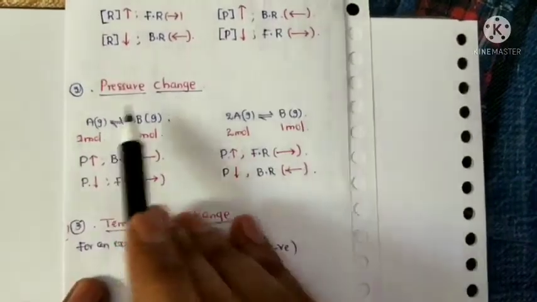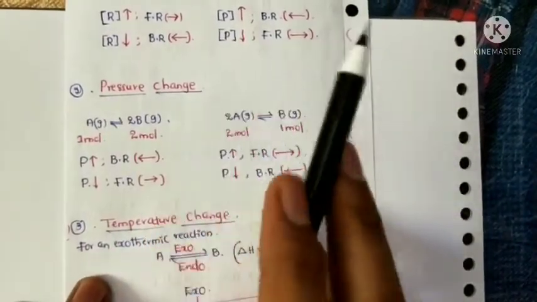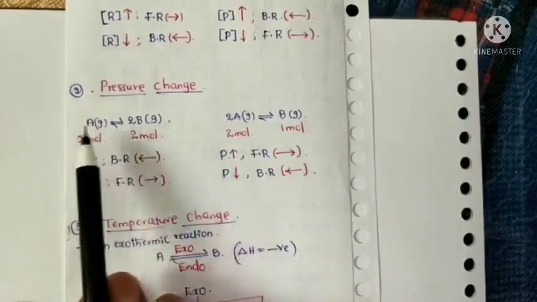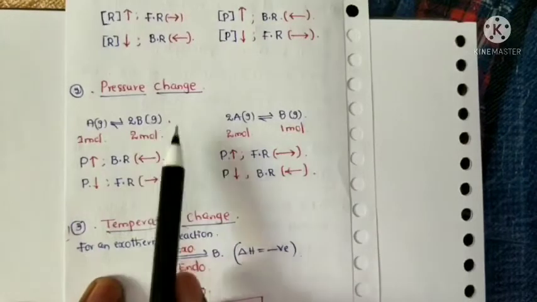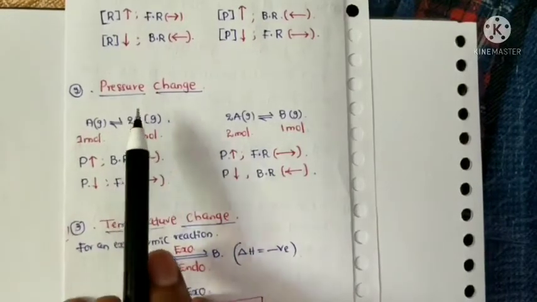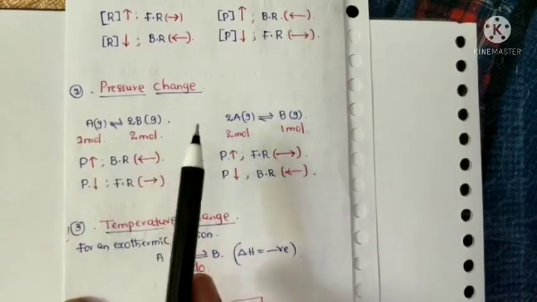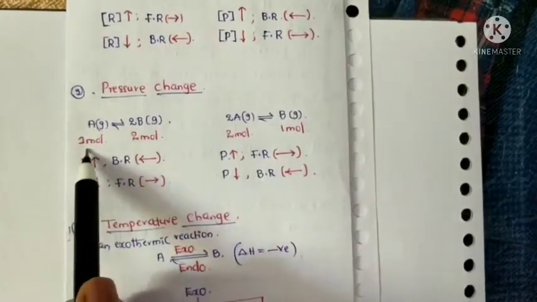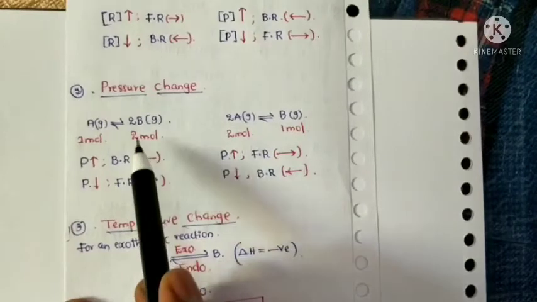Next, pressure changes. It is applicable only for gases, where the reactant moles and the product moles are different. In these situations, pressure can change the equilibrium position. Here the reactant is 1 mole and the product is 2 moles.